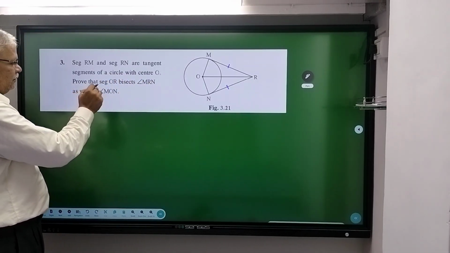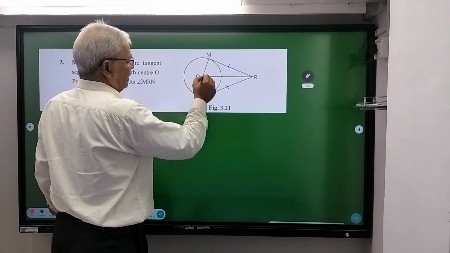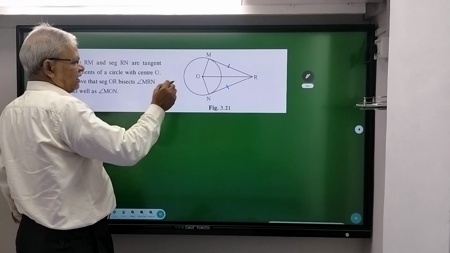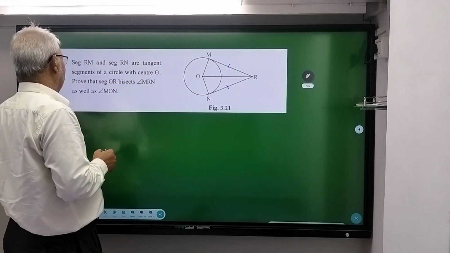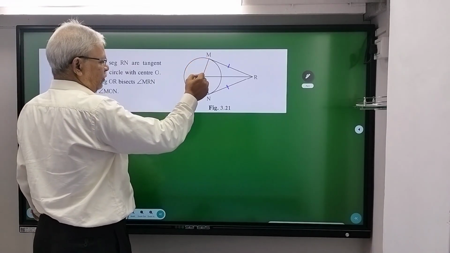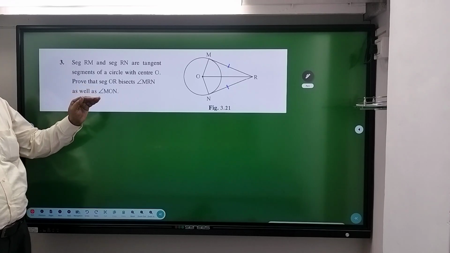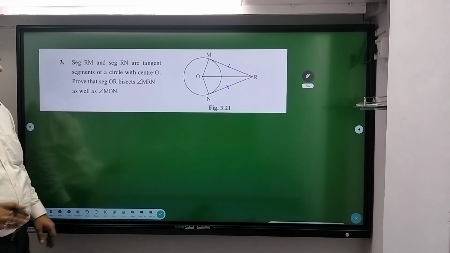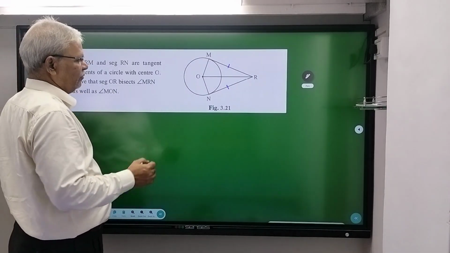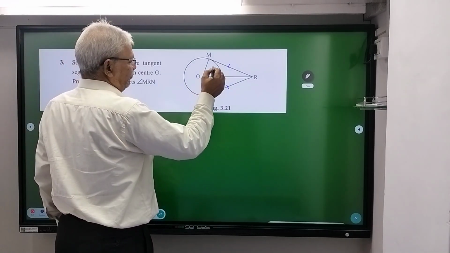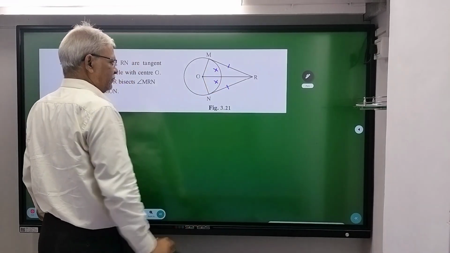Prove that segment OR bisects angle MRN and angle MON. Now see, as we solved the second problem, we will prove these two triangles are congruent.